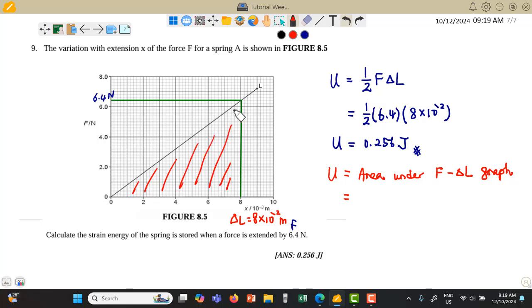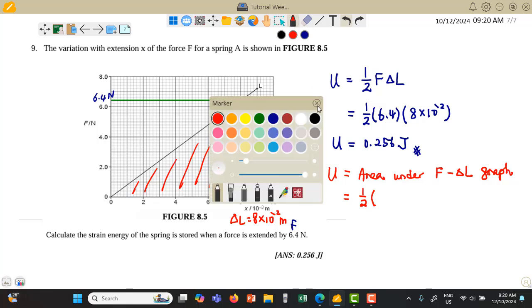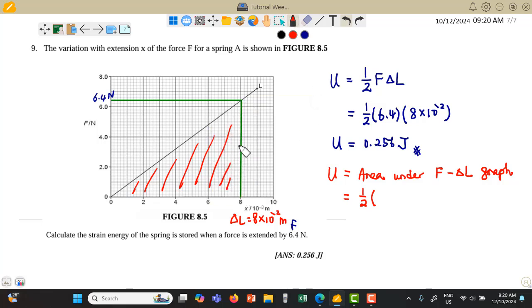Okay, this area under the graph will equal the area of a triangle. So I'm going to have 1/2. The height of the triangle will be 6.4 Newton and the base of the triangle will be 8 to the power of negative 2 meter. So 6.4 multiplied by the base of the triangle, 8 to the power of negative 2. So you will also get the same answer, 0.256 joule.